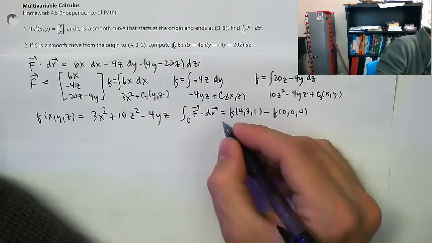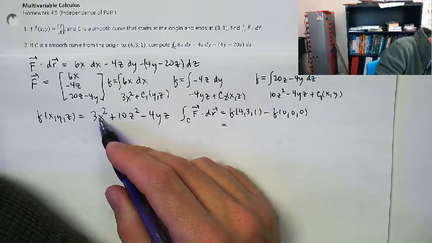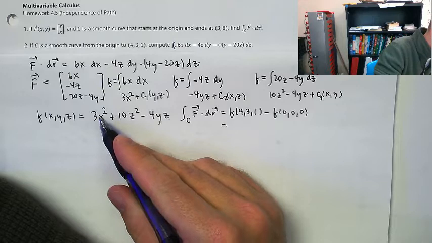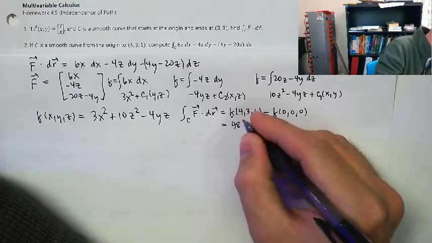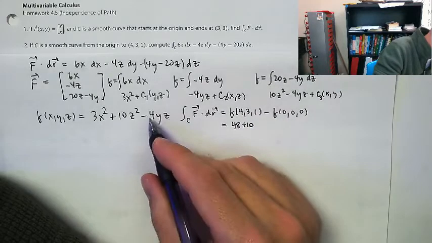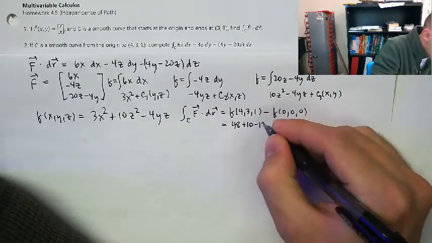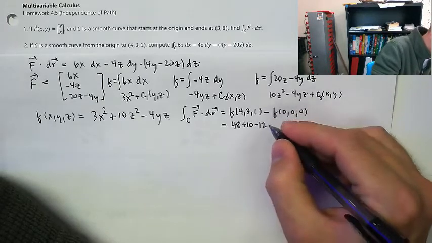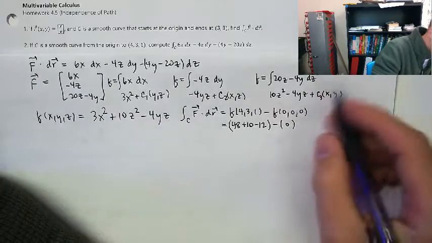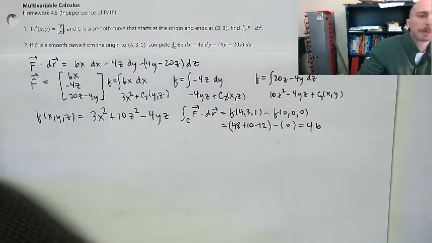I'll plug that in. f of (4, 3, 1) is going to be 3x squared, oh boy, 48, plus 10z squared, that's just 10, thankfully, minus 4yz, negative 4 times 3 times 1 is negative 12. Okay, so that's going to be 46. And then when I plug in a bunch of zeros, I'm going to get all 0. And so that's going to be 46. I like that problem.